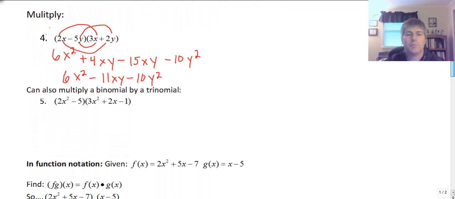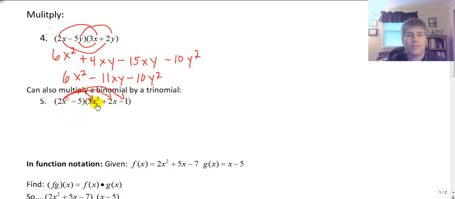We can also multiply a binomial by a trinomial. Now we don't FOIL this, but we do have to systematically set this up. So what I'm going to do is multiply the first term in the binomial times every single term in the trinomial.